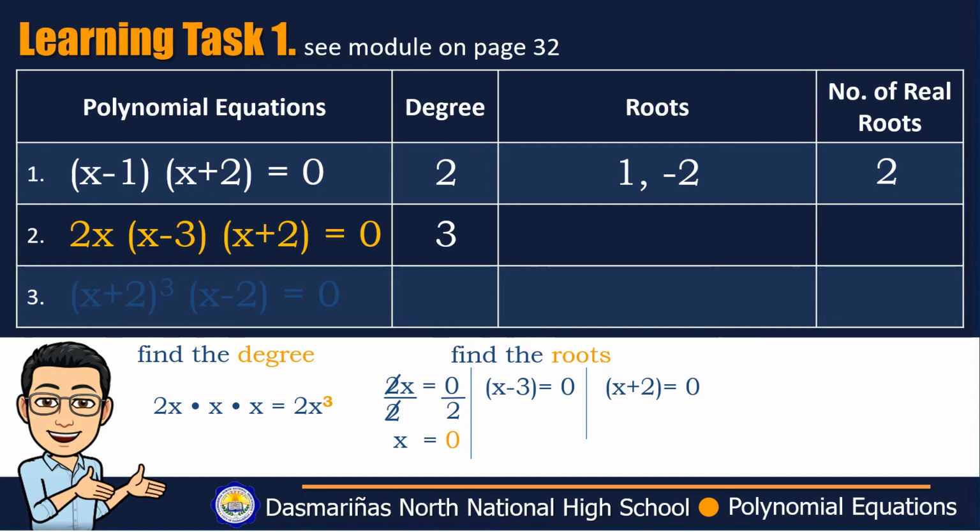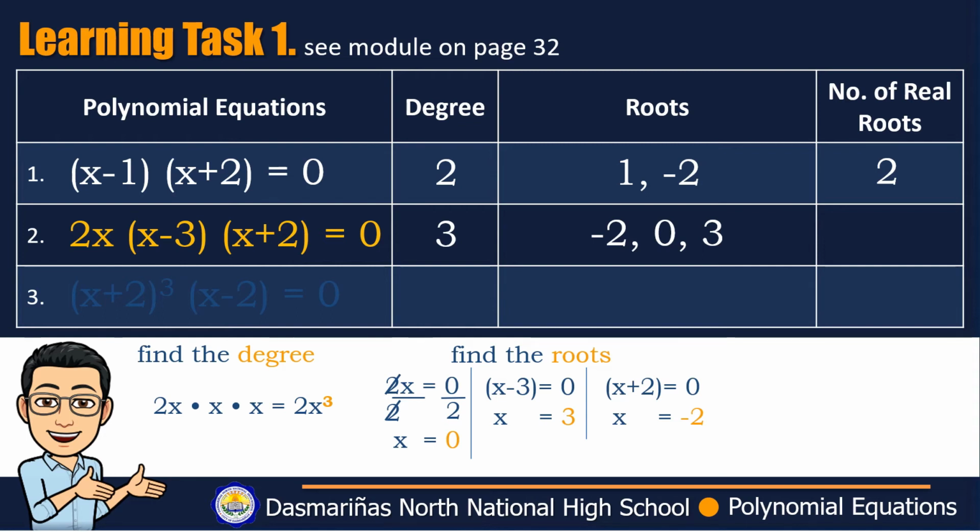Transpose negative 3, change sign, then we have x is 3. Last, x plus 2 is 0. Transpose 2, change sign, then we have x is negative 2. The roots are negative 2, 0, 3 in increasing order.